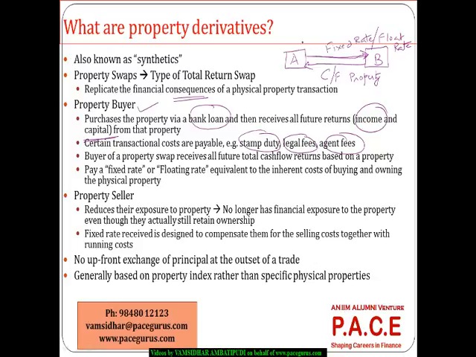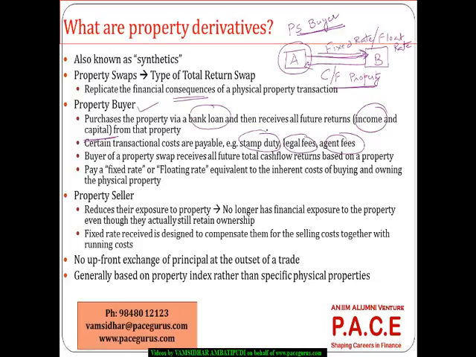So assume that A is a property swap buyer. Just like a property buyer, the property swap buyer will benefit from the cash flows of the property, all kinds of cash flow returns based on that particular property. And at the same time, he ends up paying either a fixed rate or a floating rate equal to all the costs.